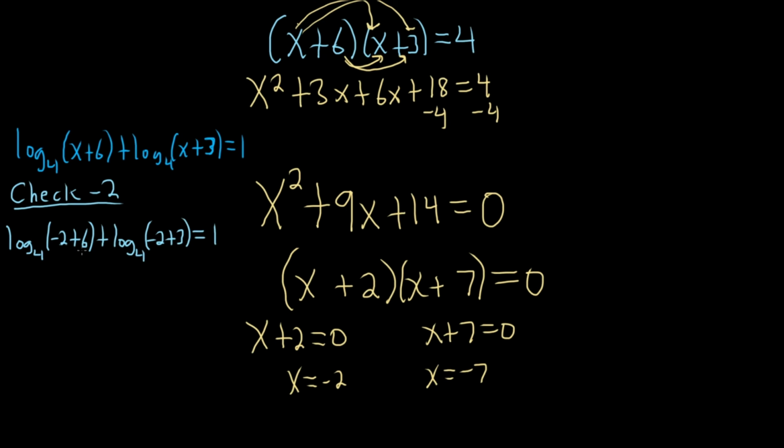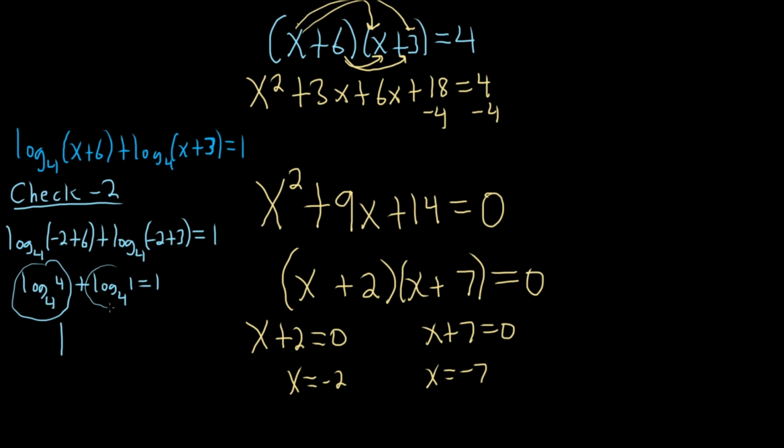When you add here, you just get 4. So you get log base 4 of 4, plus log base 4 of 1, and that should be equal to 1. The first one is 1, because the question you ask is 4 to what power is 4? 1.